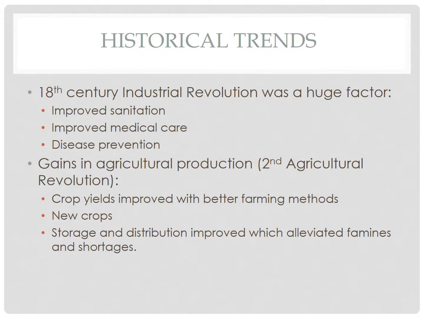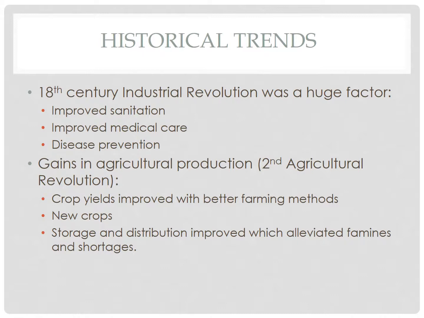And so we start to see better farming methods, which are increasing crop yields, things like the 4-field rotation method. So we're using more land area and using it in different ways. New crops. Something like potatoes. And you're like, wait, potatoes are a new crop? They were to Europe. Because until the Columbian Exchange, there were no potatoes in Europe. Potatoes are native to South America.